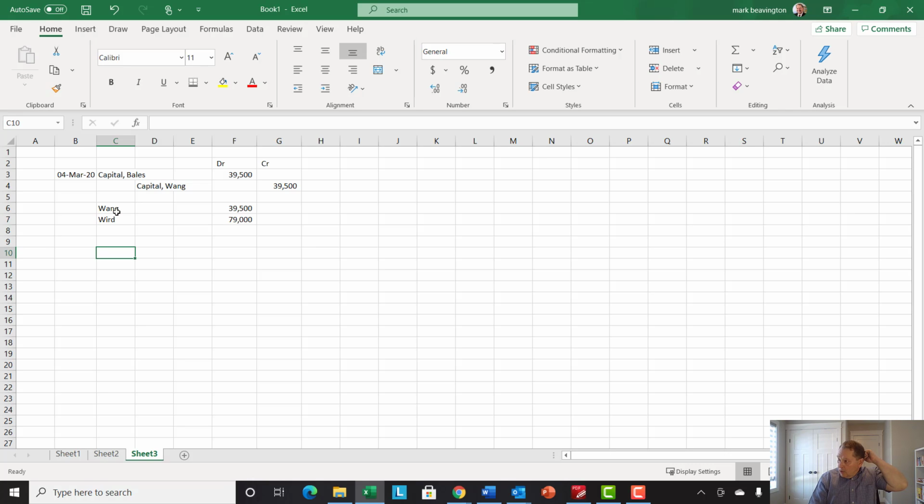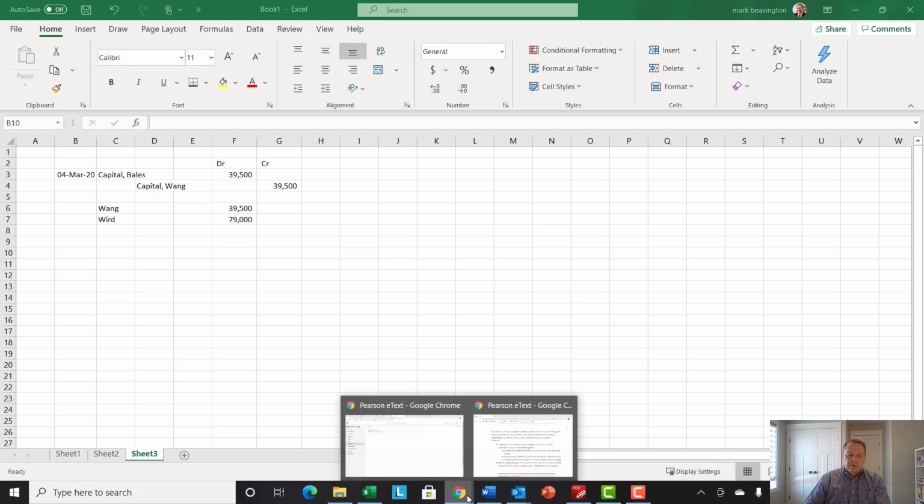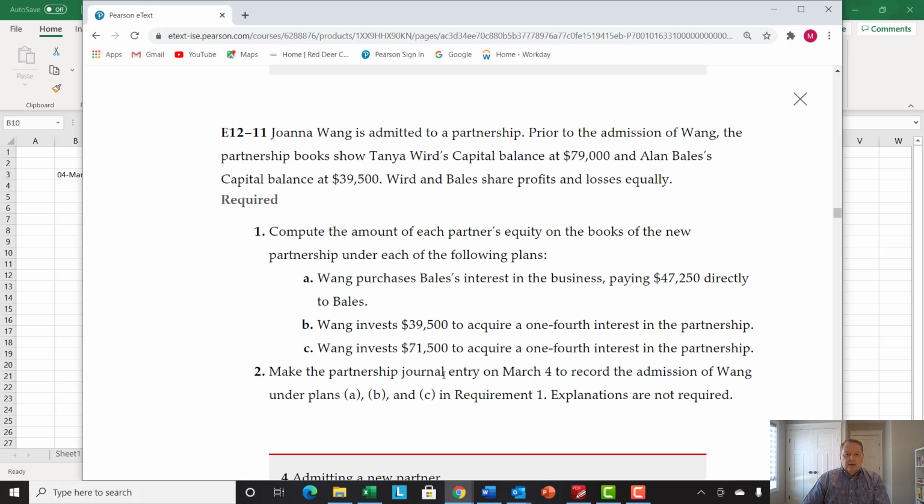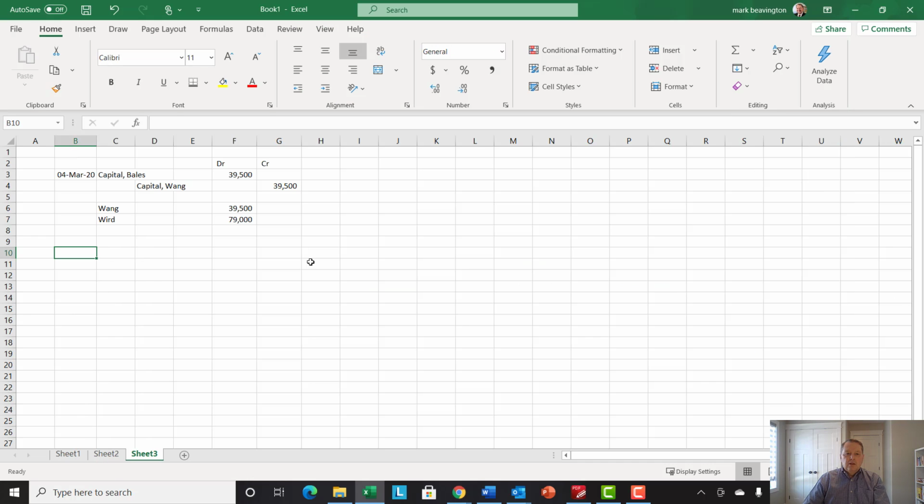Now let's have a look at the second one. Wang invests $39,500 to acquire a 1/4 interest in the partnership. So look at the partners' capital before.